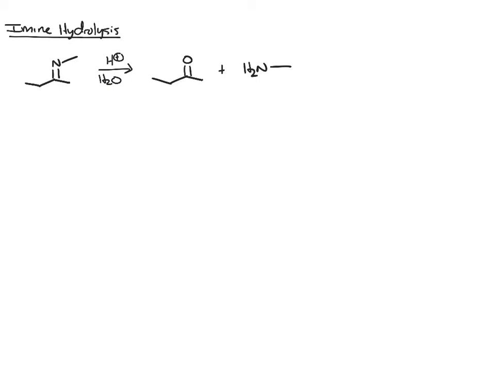If you're just doing a catalytic amount of acid, you can stop there. But if you do have a whole bunch of acid around, remember we just talked, amines are bases. So if you do have a full equivalent of acid, then that amine will get protonated.